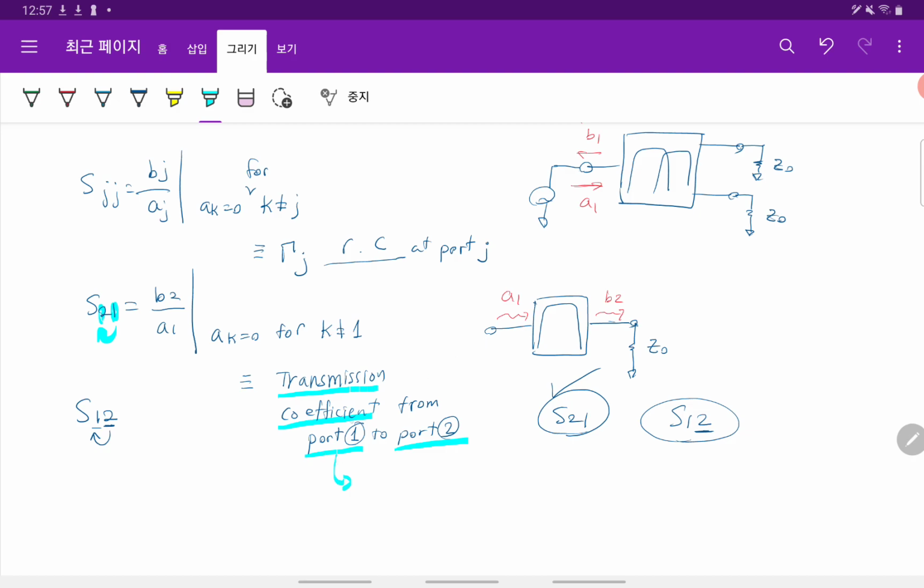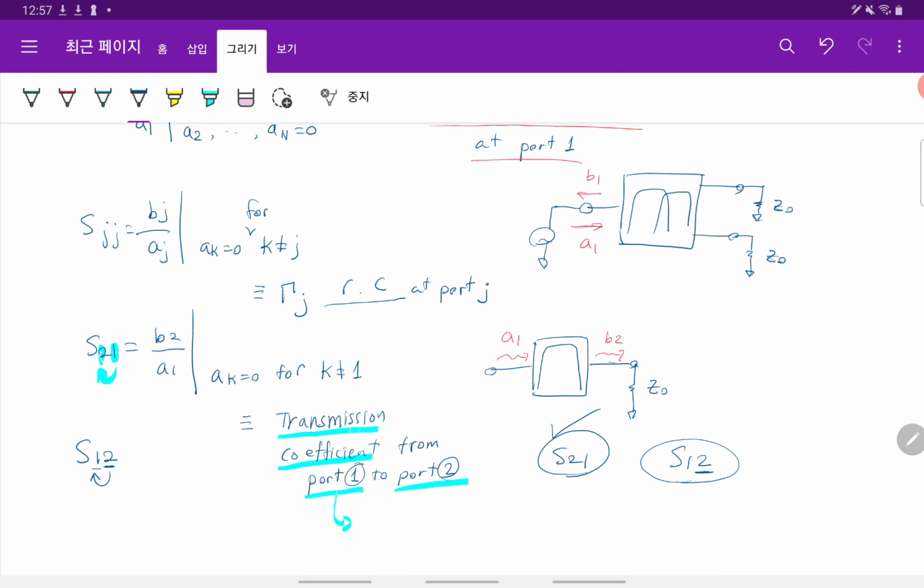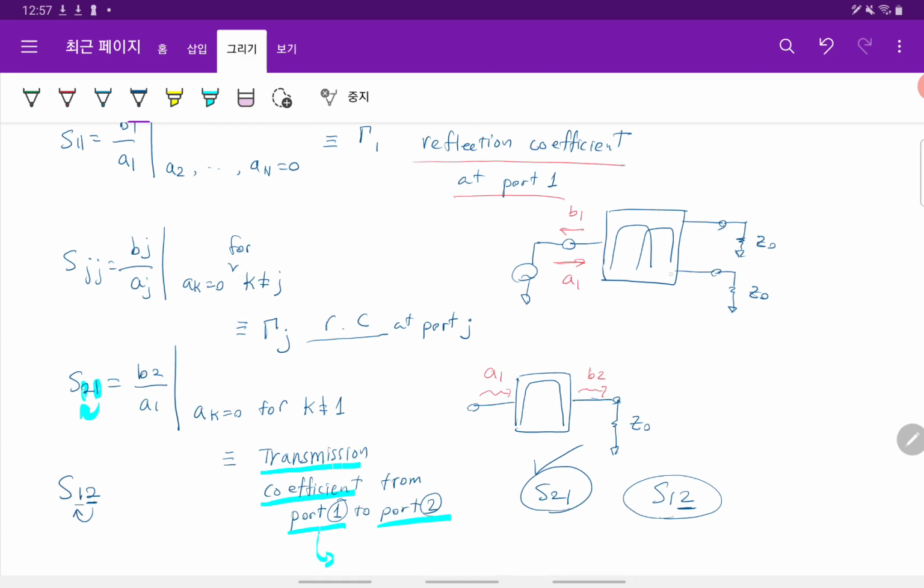So S21 is very common to measure the transmission coefficient of some structure. For this diplexer case, port 2 and port 3 are matched to Z0, right? And then if some wave comes out at B2, the ratio between A1 and B2 will determine S21 for this three-port network. This is a two-port network.